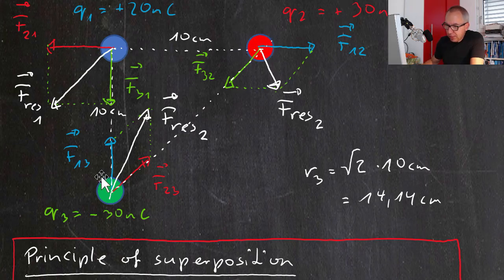Again, this one is a square, so we can use the Pythagorean theorem. 10 squared plus 10 squared, square root out of it is the same as square root of 2 times 10 centimeter, which amounts to 14.14 centimeters. Now we have all the data to put it into Coulomb's law.